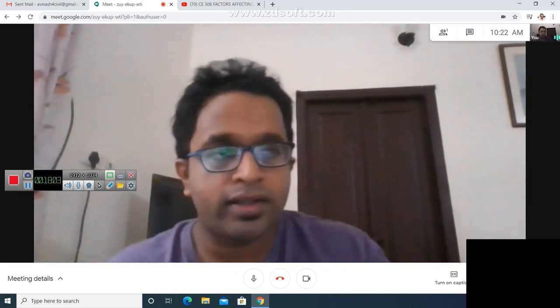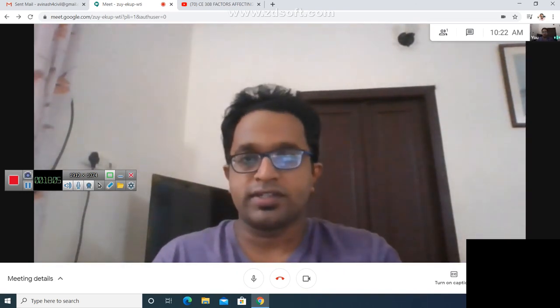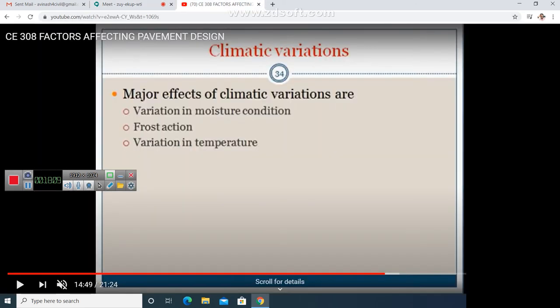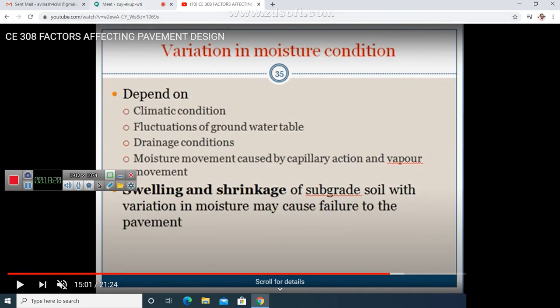Now, other than the design load, another factor deciding the design of pavement is the environmental factor. What is the variation in moisture content? What is the variation in temperature? And what is the frost action? What do you mean by frost action?